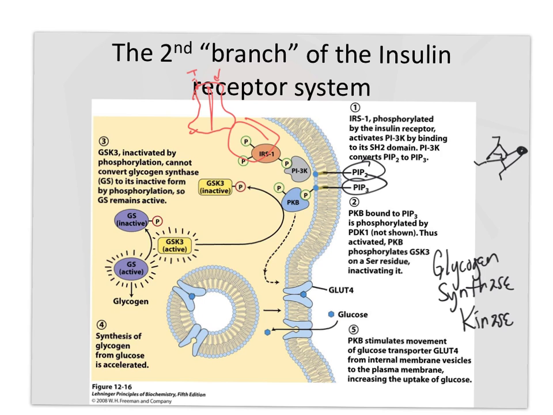They transfer phosphates using ATP and or GTP. But this one is a kinase that activates glycogen synthase. See, that's GS over here. So glycogen synthase is a separate enzyme, but this is the kinase that activates it.